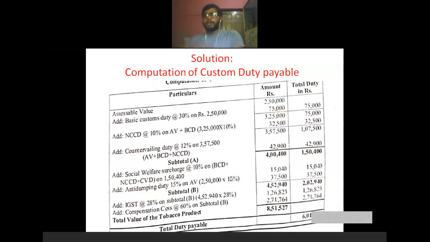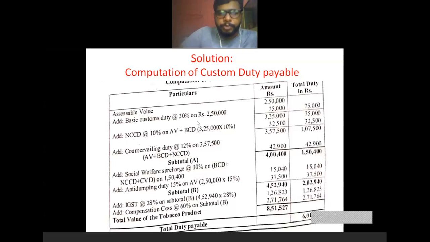Observe the solution. Heading, computation of custom duty payable, one particular and two amount columns. Now, assessable value given in the problem 2,50,000, write it only in the second column, don't write it in the third column.